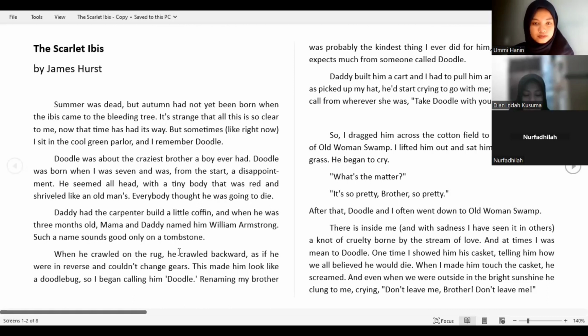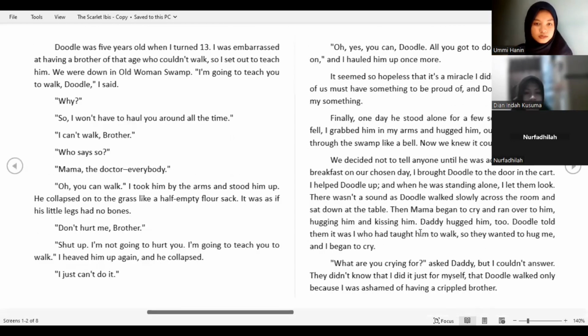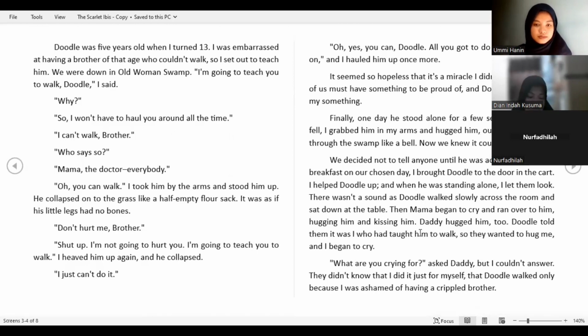Next is in a paragraph sentence, so I judge there are adjectives, soft grass, and the next is bright sunshine, empty flower sack, and the last is broken vase of red flowers.